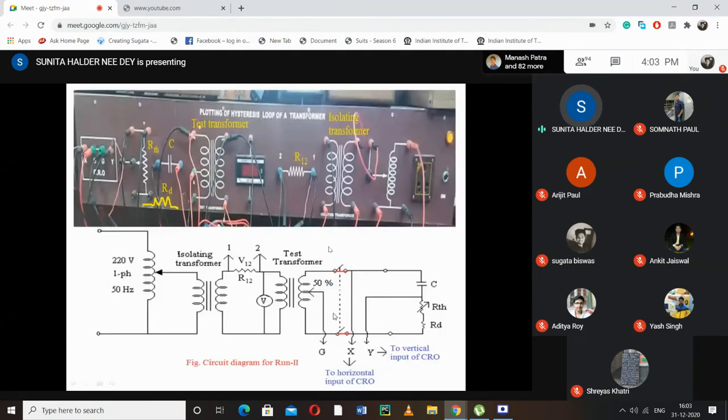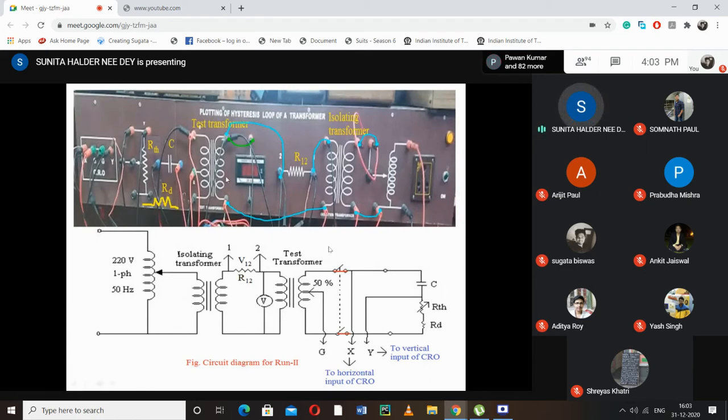If we explain the circuit, the primary is the same, from the variac to the isolating transformer to R1 to the trace transformer primary. Then we complete the primary circuit through the isolating transformer and return. This completes the primary circuit. Now we have to do the secondary circuit, which is nothing but an RC circuit.